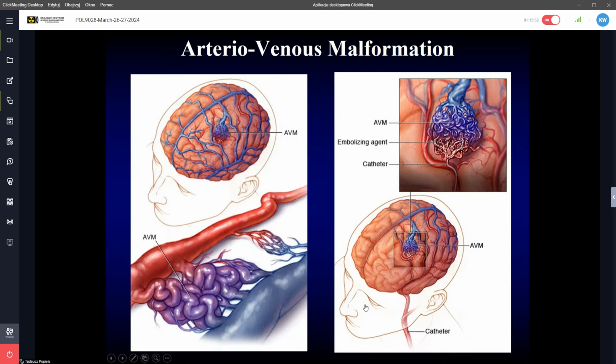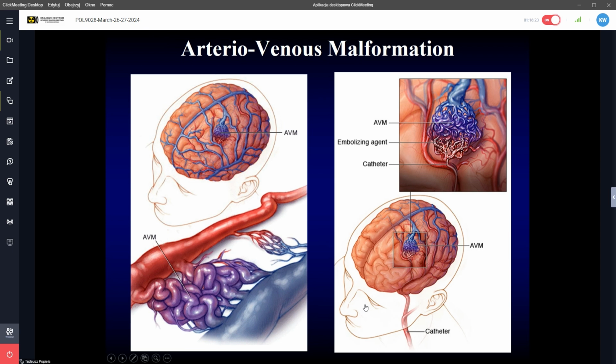In this pathology, there are no capillary vessels, so quite large arteries are connected directly to quite large veins, and the vessels are pathological, with brittle and breakable walls. So even a small trauma or an increase of brain pressure can create a problem, hemorrhage. Brain hemorrhage in particular is a life-threatening condition.